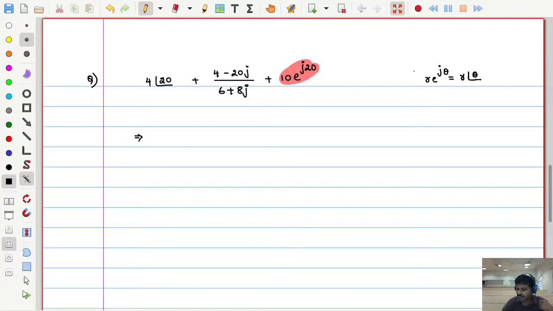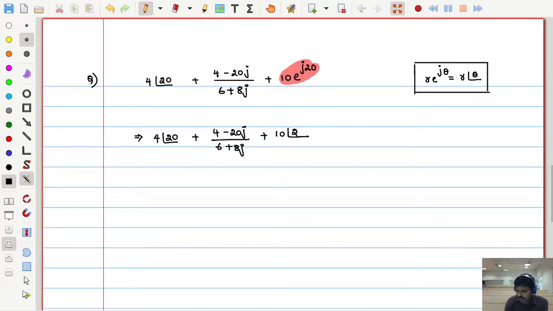So you should observe that exponential representation and polar representation. So now I can say directly 4 at an angle 20, you can take 4 minus 20j divided by 6 plus 8j as it is, and this thing I will write as 10 at an angle of 20.